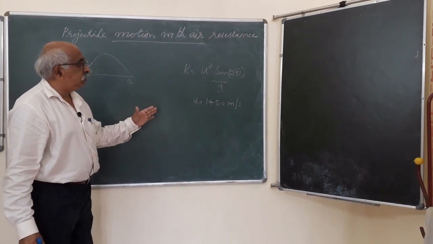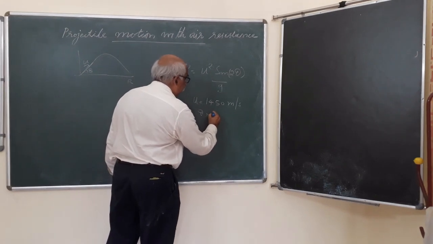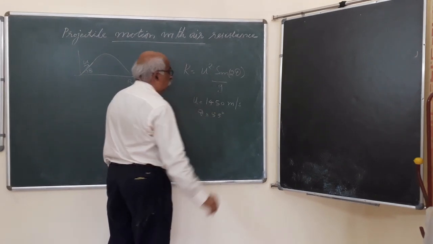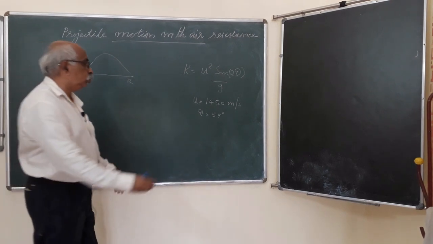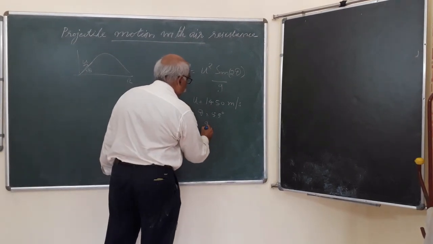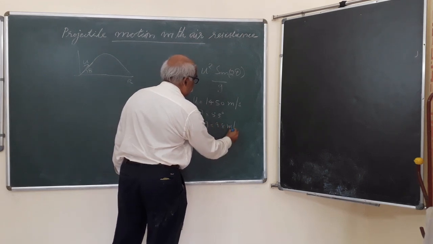And they projected it at an angle theta is equal to 55 degrees. Acceleration due to gravity is taken as g is equal to 9.8 meters per second square.